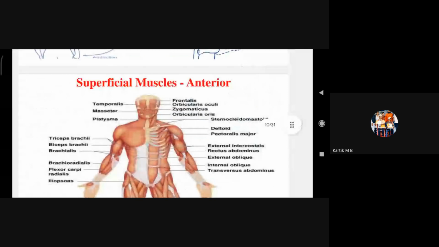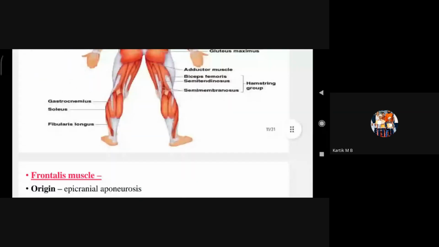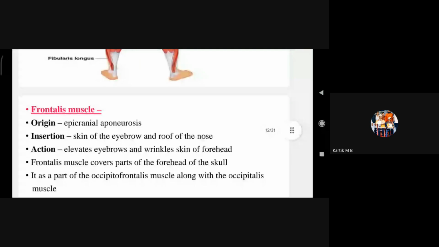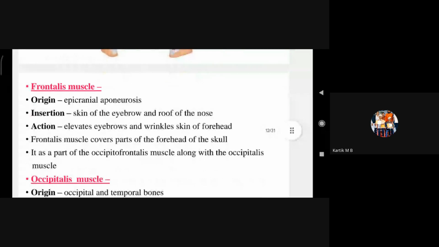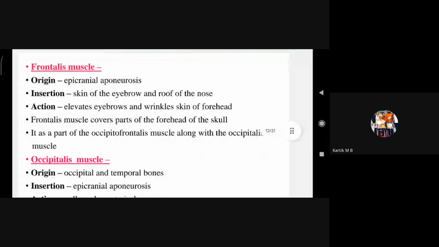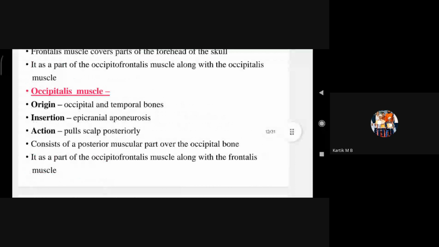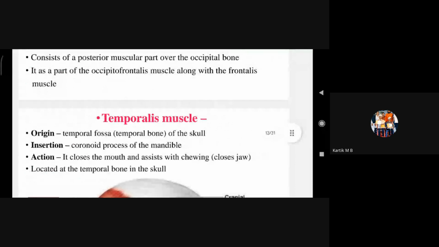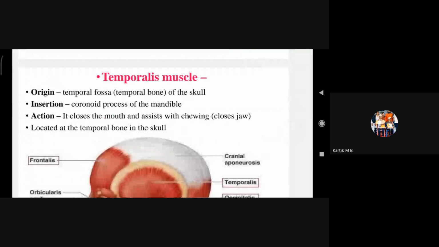Then we went through the details of a few muscles. Frontalis muscles are present in our forehead. Occipitalis muscles are present at the back of the head. Temporalis muscles are present in our ear or temporal region.